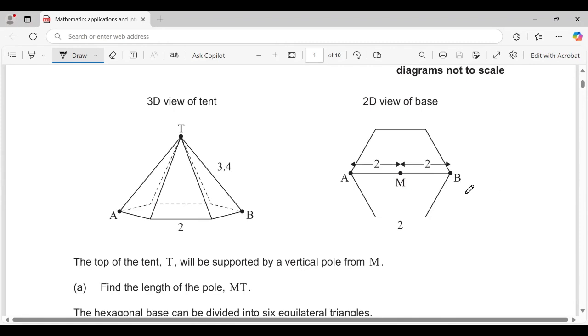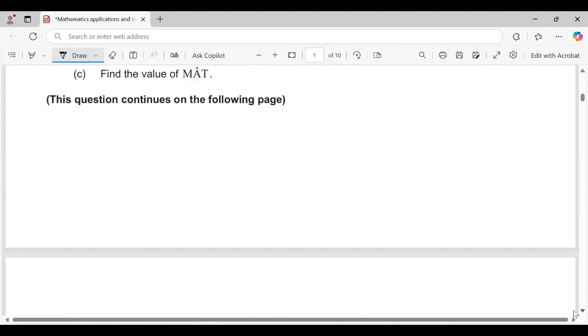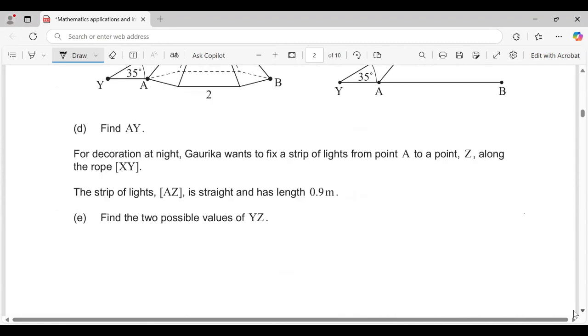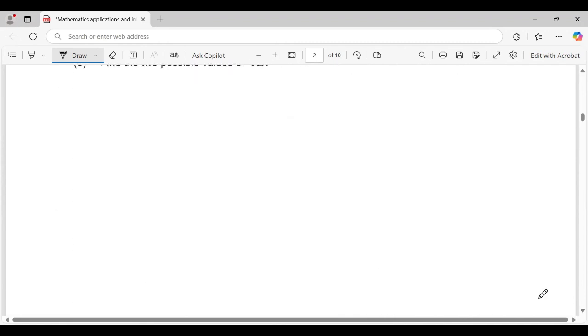Based on this information, this is the base of this tent. It means the M position here. Okay, so we need to find TM or MT. Right, so I would like to create the right angle triangle.